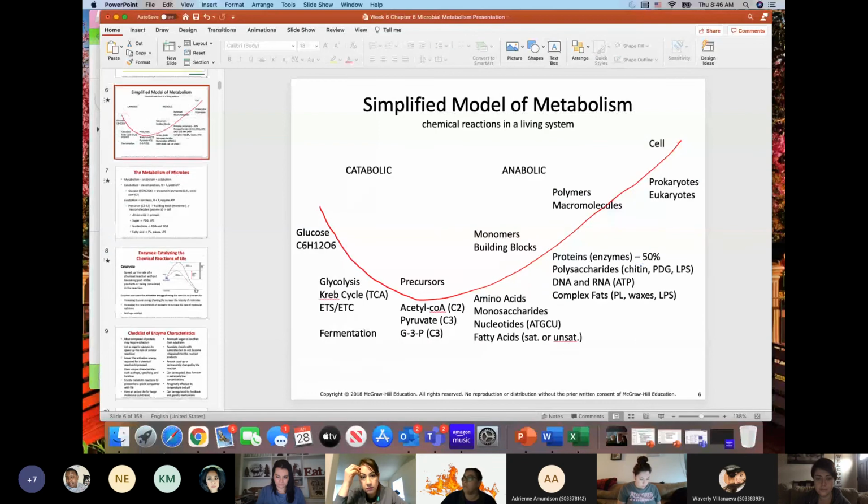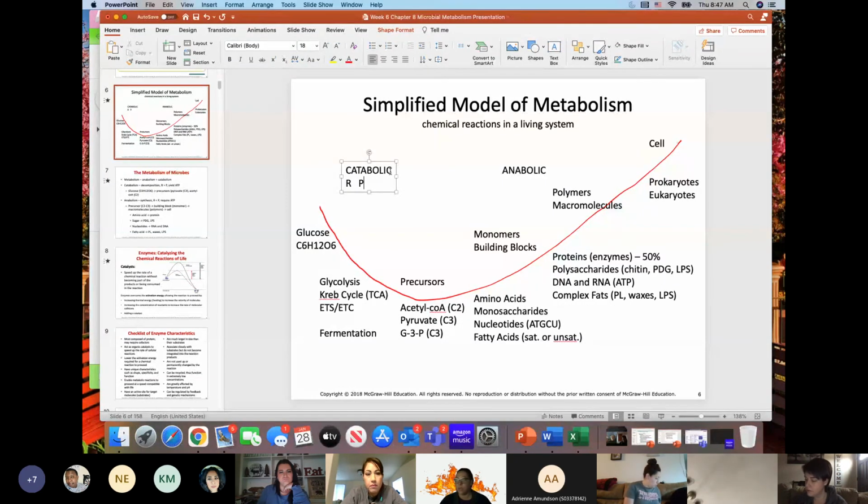I'm going to delete the old one. All right, anabolic. I'm just going to add one thing to it so it's absolutely perfect for you guys. The reactants are what to the products? I'm talking about an anabolic reaction. The reactants are less than the products.